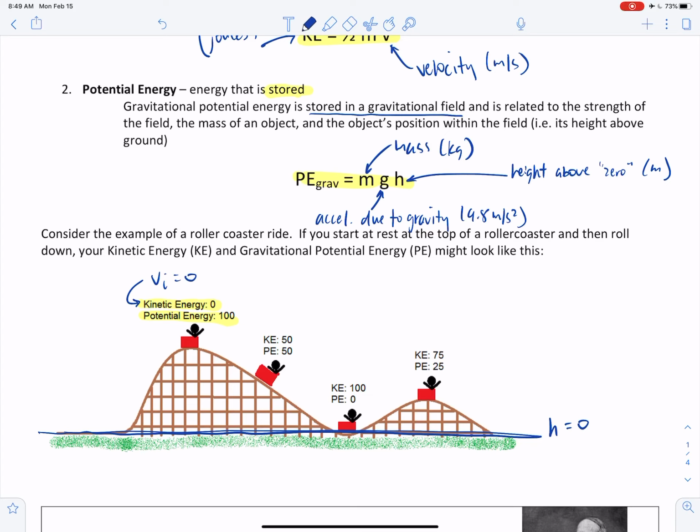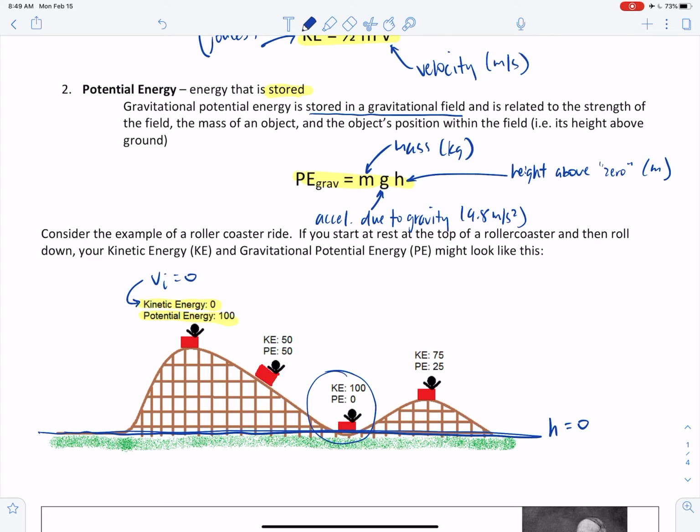As you roll down this roller coaster, your energy types begin to change. Halfway down, you are 50% of both. And then as you reach the bottom here, now you're 100% kinetic energy and 0% potential because your height is now 0. If your height is 0, you have no gravitational potential energy. So all of your energy must be kinetic energy.